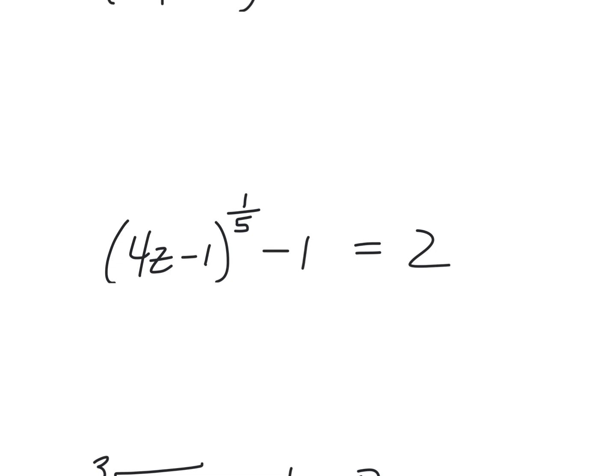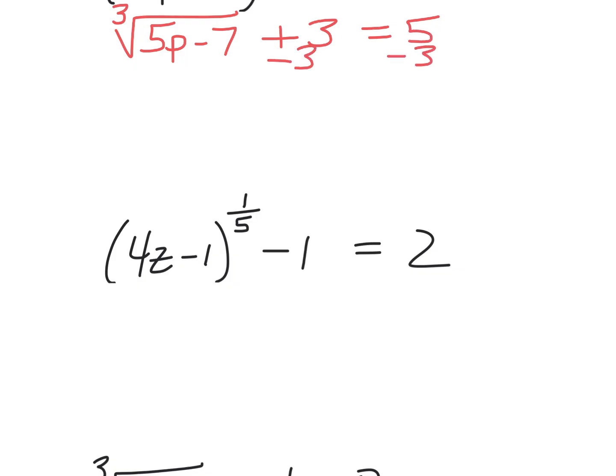The first one, we've got a cube root, because that's the 1/3 power, so it means the same as this. So therefore, we do the same thing. We're going to undo the radical.